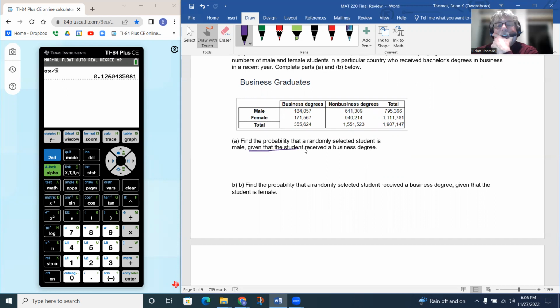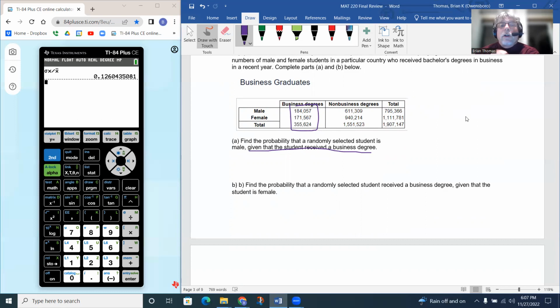So we're talking about given a business degree. Business degree is a known fact, so we're basically looking at this column here. Find the probability. Remember, it's going to be the number of successes divided by the total number of outcomes, if you will.